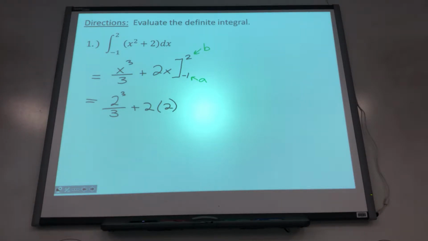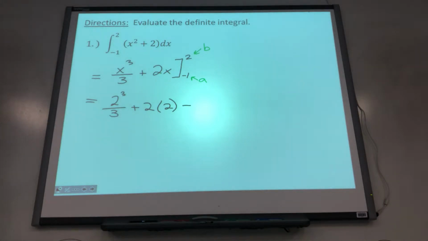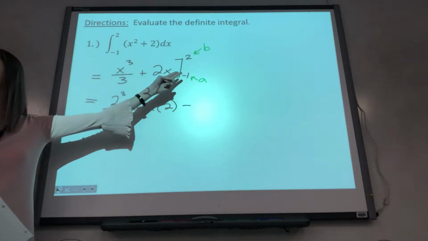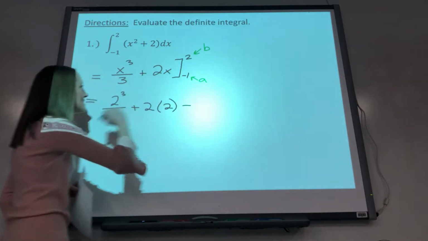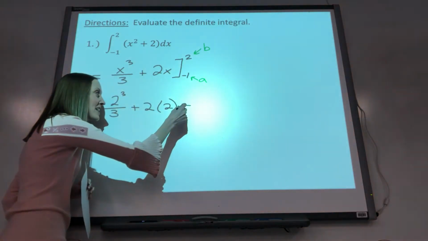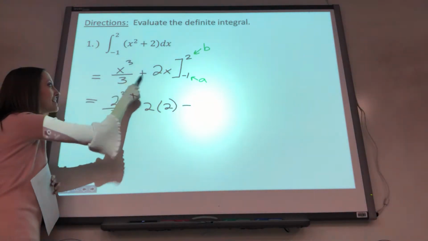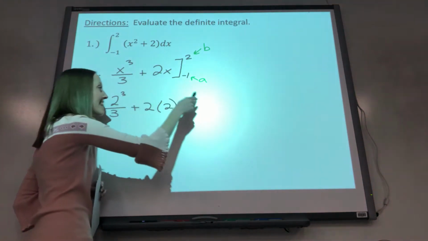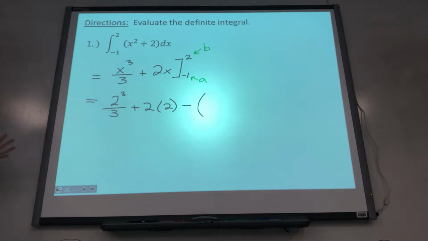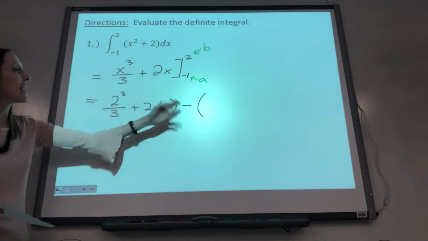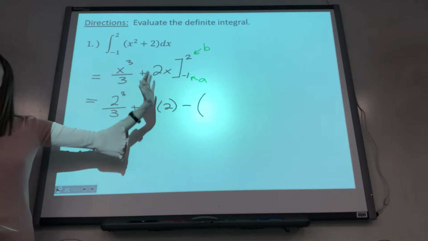Okie doke. Now I have to subtract whatever I get back from plugging in the -1. Now, this is probably one of the other most common mistakes, the subtraction. Anytime what you got after you integrated is a sum or a difference like that, I would suggest setting up some parentheses right after that minus sign, because you're going to have to subtract all of it.